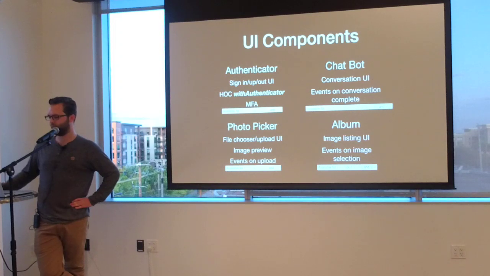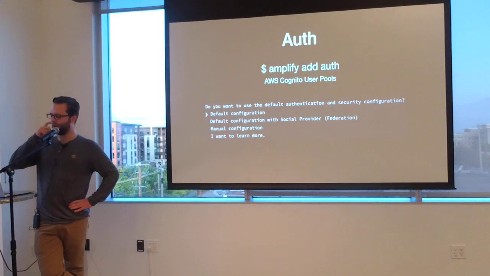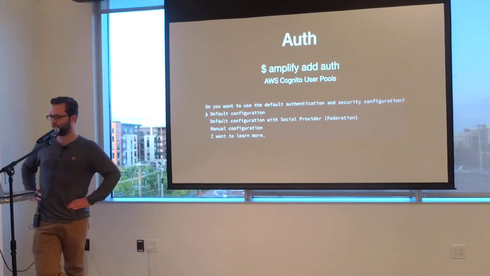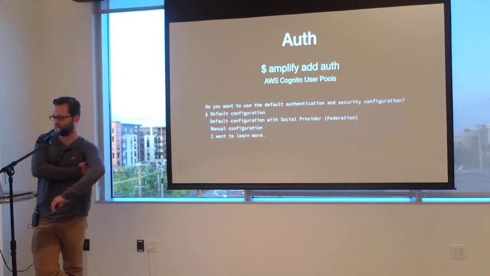And yeah, you can add authentication too. It uses AWS's Cognito, and it'll set that up for you. If you just choose the default configuration, all it does is set up sign in and sign up options on Cognito. But then you can do more in the manual configuration.